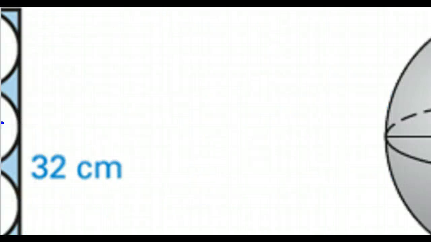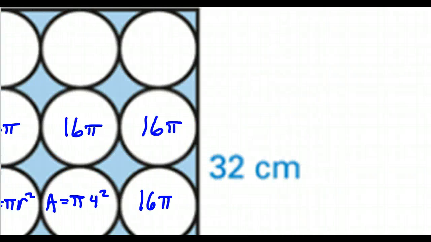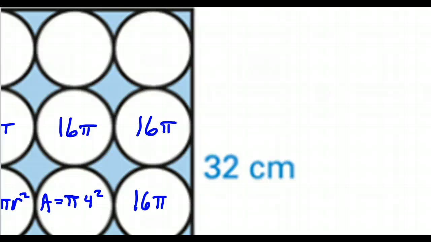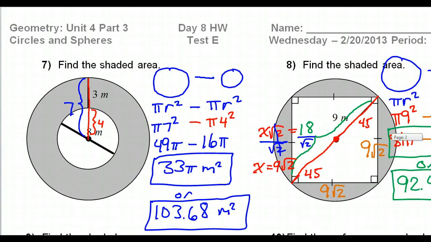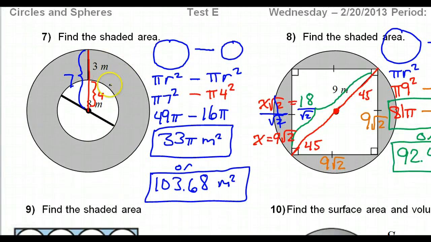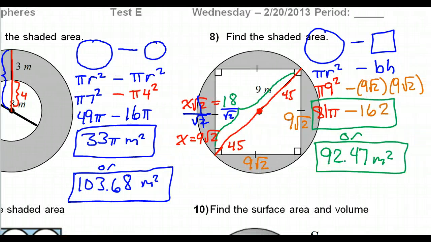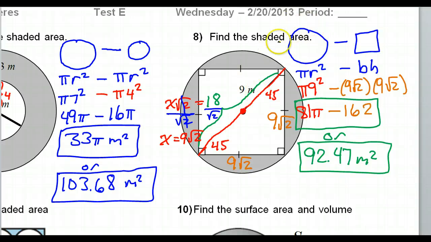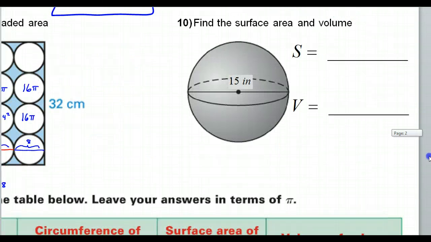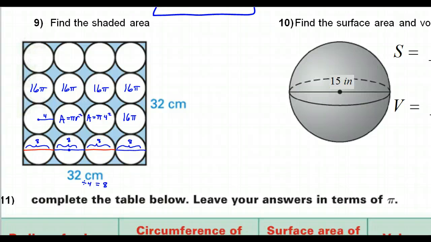Now let's get to the big picture for a second. In fact, I better zoom out for a second. Just like we did for number 7, if I want to find the space between shapes, I'm going to have to do some subtracting. I need to take the outer shape and then subtract away the inner shape. Like number 8, I did the circle minus the square, outer shape minus the inner shape. So we need to use the same strategy here, but what's the outer shape?